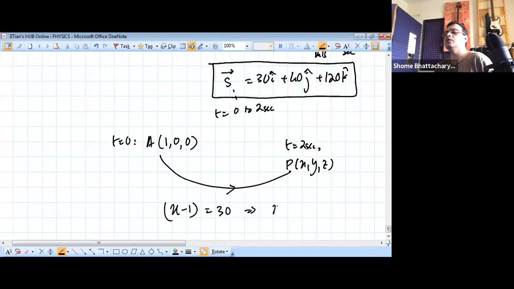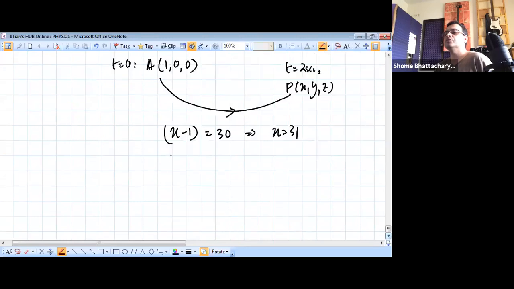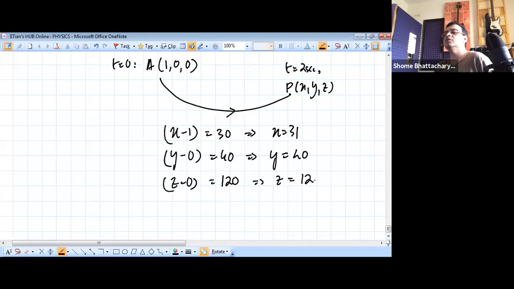That means the x coordinate should become 31. Then y minus 0 is the y component of displacement, which is 40, so y should be equal to 40. And z minus 0 is the z component of displacement, which is 120, so the z coordinate should become 120.